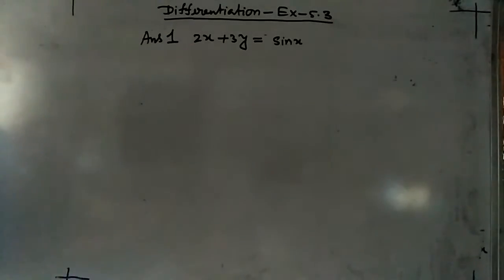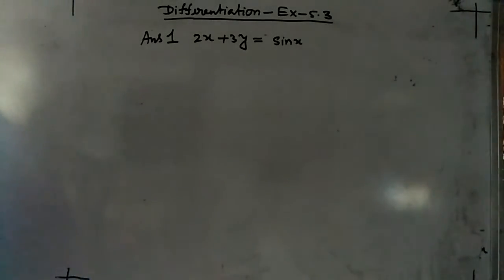But we will not express it as y equals a function of x. Directly we can differentiate both sides with respect to x. So whether it is an explicit function or an implicit function, it doesn't matter. In the same way we'll solve all the questions from question number 1 to question number 8.